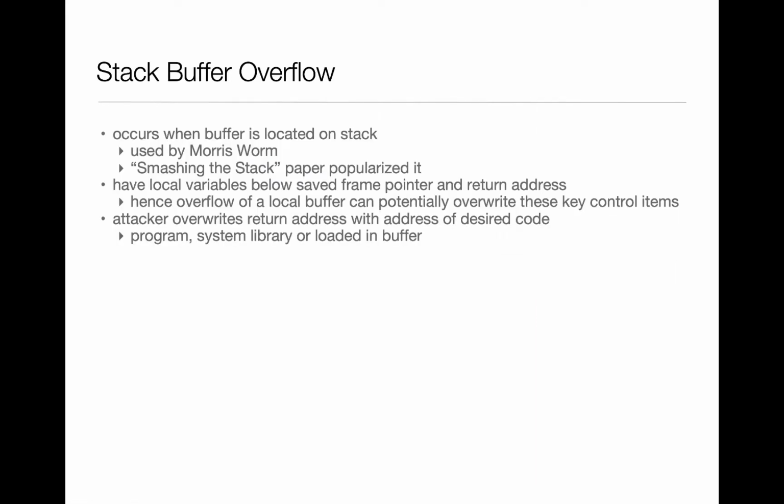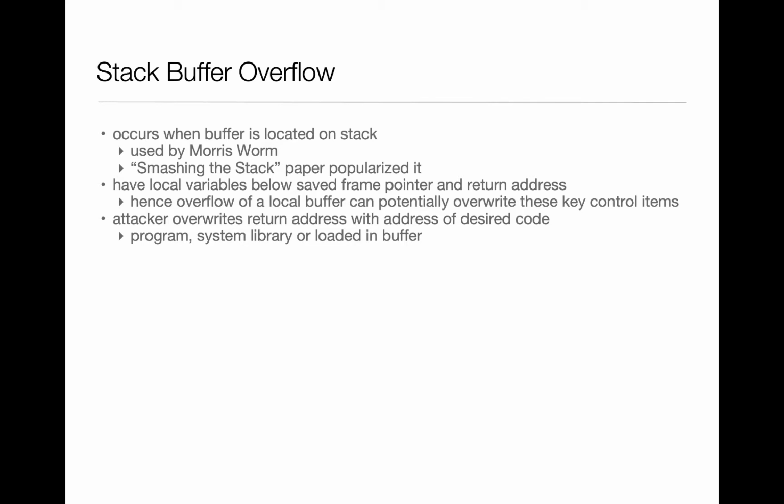So a stack buffer overflow occurs when there's a buffer located on the stack, as was shown in our previous example. The first popular example was the Morris internet worm that happened in 1988. And the "Smashing the Stack" paper popularized it, and you could read that paper if you have spare time. But essentially, if you have local variables below the saved frame pointer and return address, an overflow of a local buffer can potentially overwrite these control items.